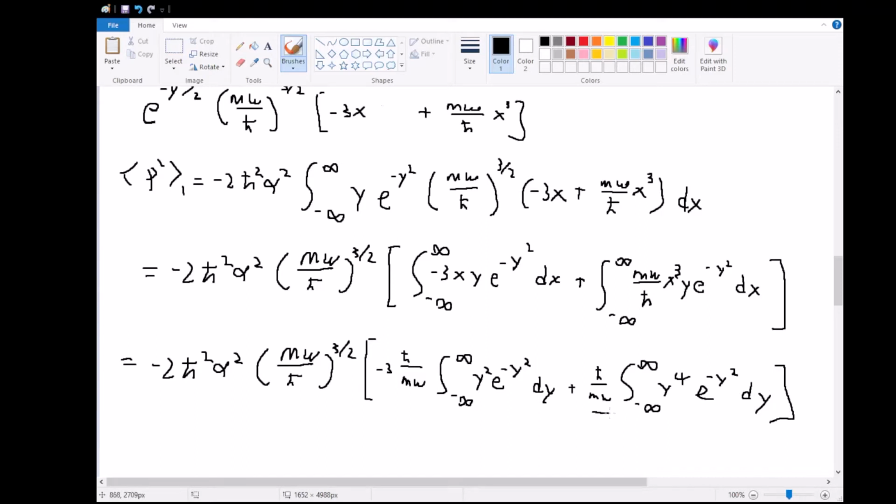And just like that, we have a common factor that we can get rid of with the m omega over h bar here.